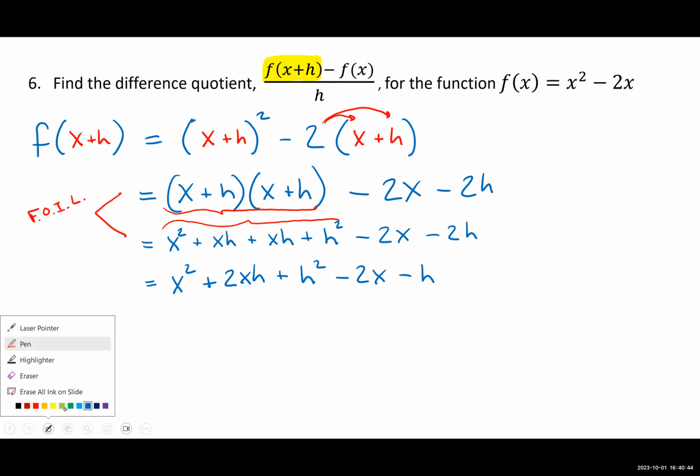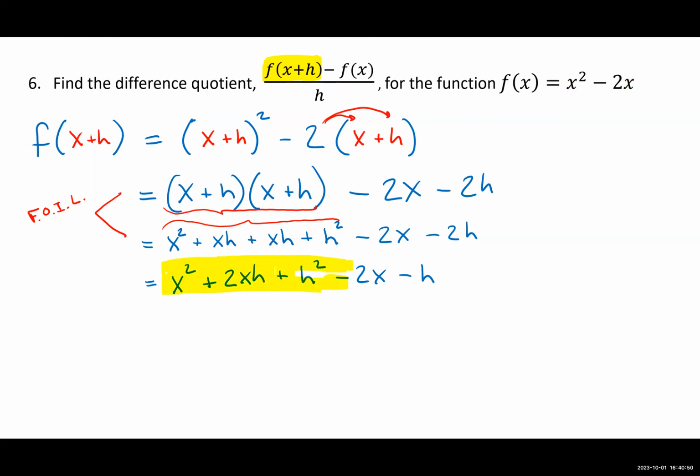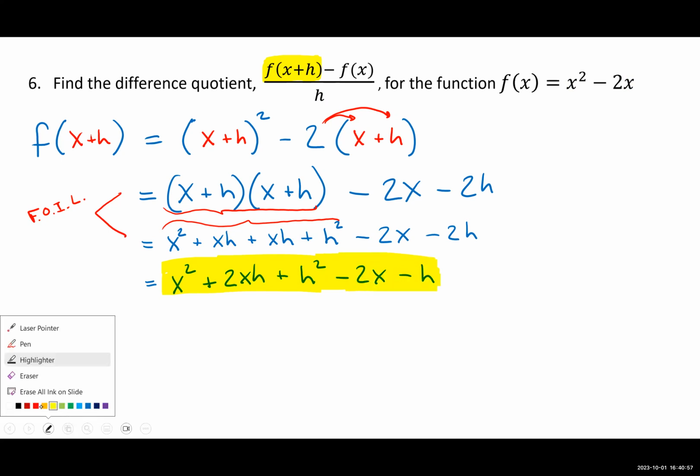Okay, so let me do a little more color coding here. This answer here is not the final answer. I need a red pen, not a red highlighter.